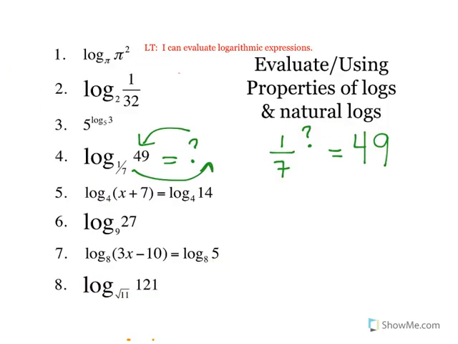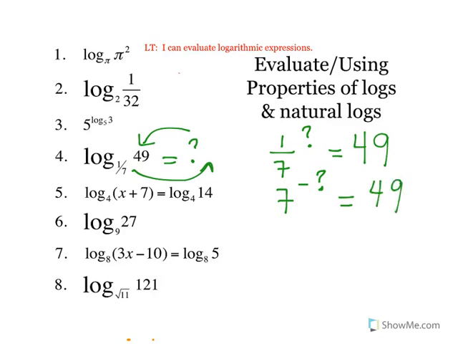Okay. So if I bounce back to this problem, I can rewrite 1/7 to some power. I can rewrite that as 7 to a negative something. Okay, and if you want to use x here, you can. You can rewrite it as 7 to the negative x power.